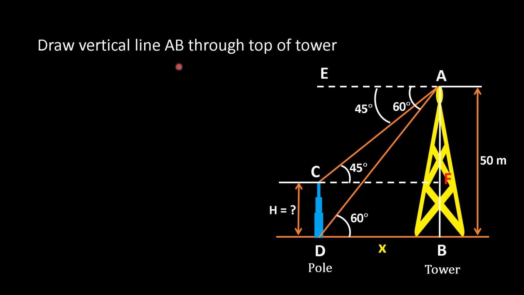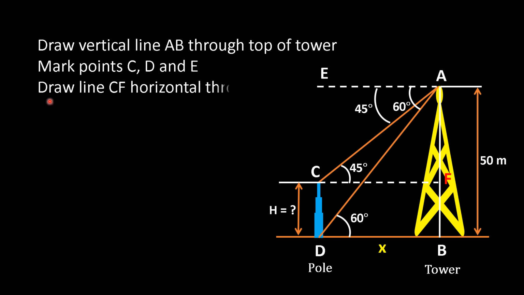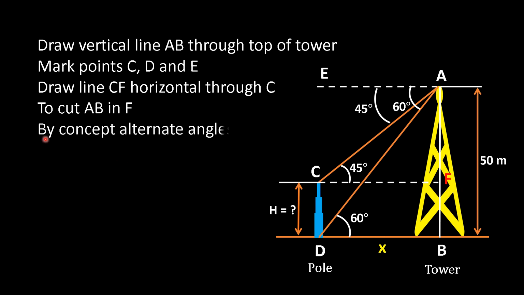Draw a vertical line AB through the top of the tower. Mark the points C, D and E. Draw line CF horizontal through C to cut AB in F. By concept of alternate angles, angle ACF equals angle EAC equals 45 degrees.